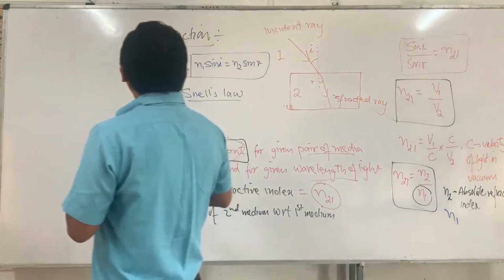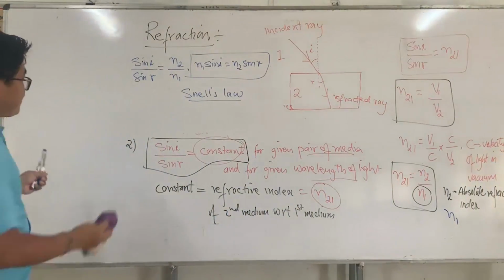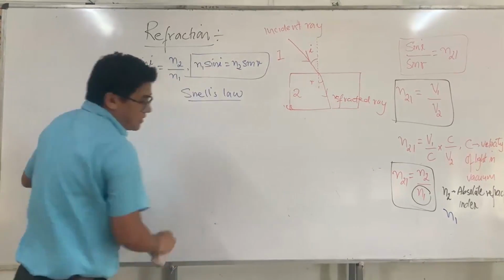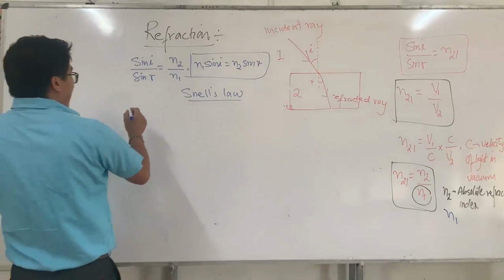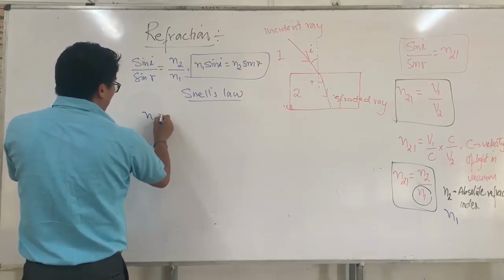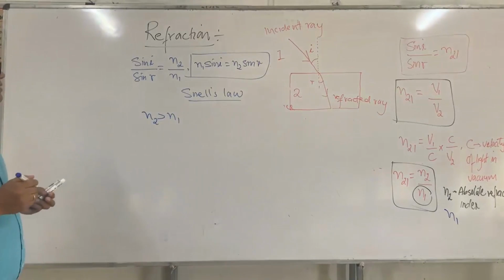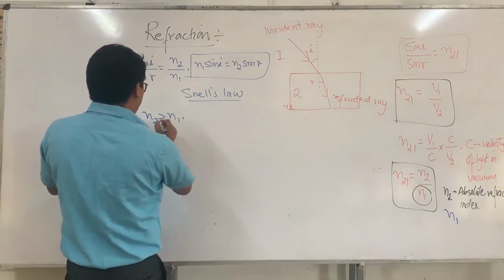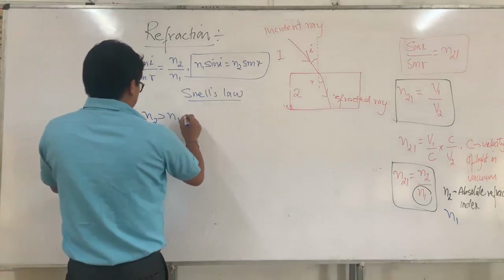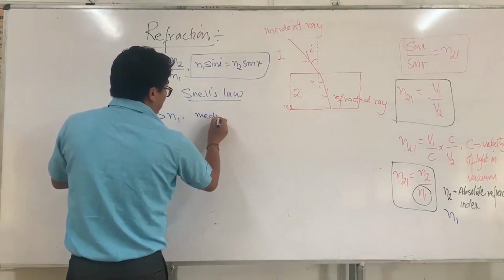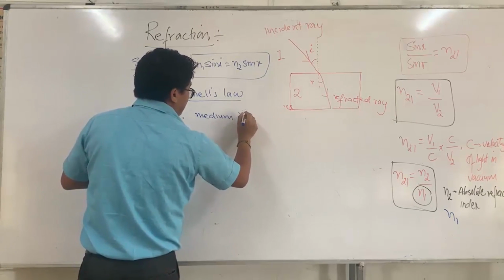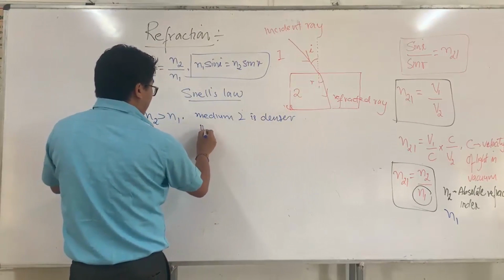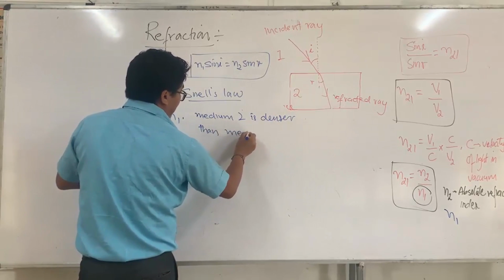Alright, so now I would like to define here denser medium and rarer medium. Alright, so let's say N2 is more than N1. If N2 is more than N1, medium 2 is denser than medium 1.